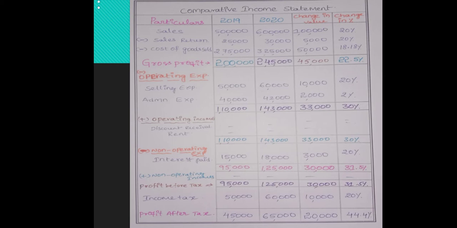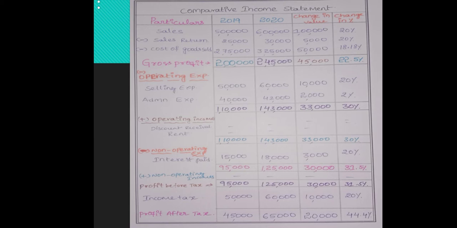So selling expenses is also an operating expense. So 50,000 for base year, 60,000 for current year. So 60,000 minus 50,000 we get 10,000 as the change in value. So 10,000 divided by 50,000 into 100, we get 20% as the change in percent.